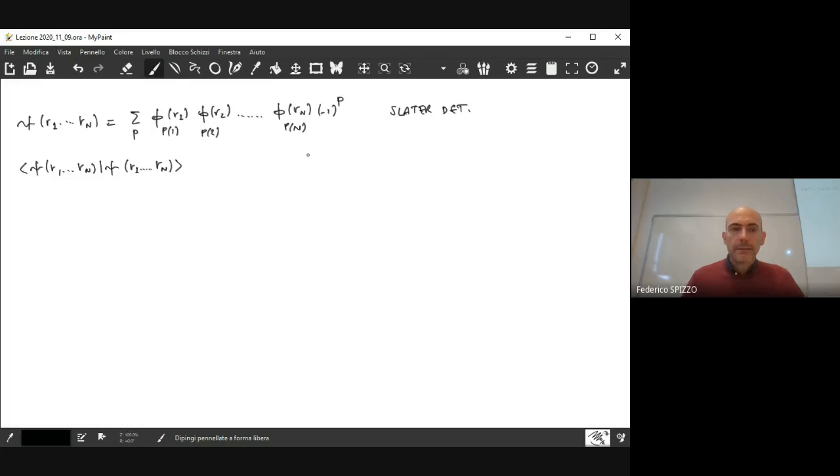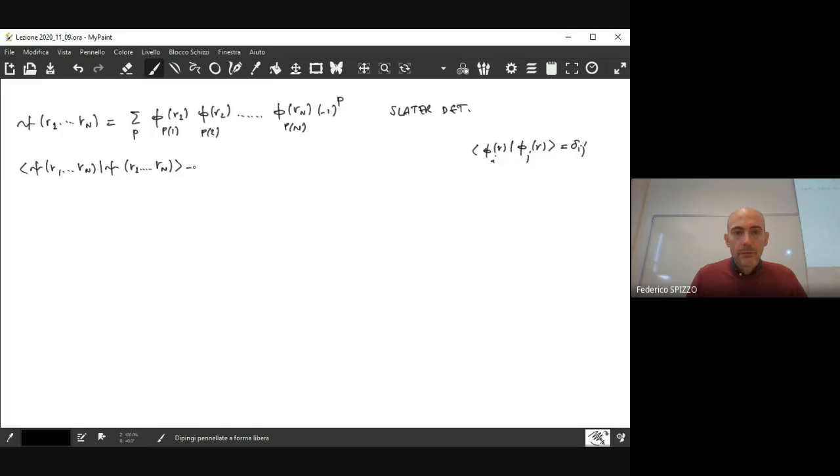So we assume that if we make the scalar product, this scalar product is equal to 0 unless the indexes of the levels are the same. So this is the only requirement that we make considering the single-electron wave functions.